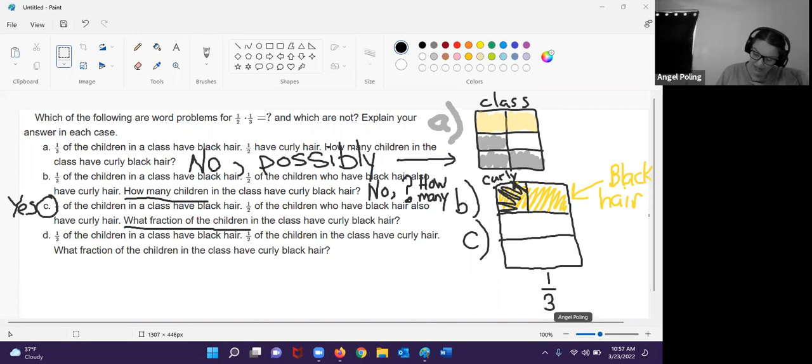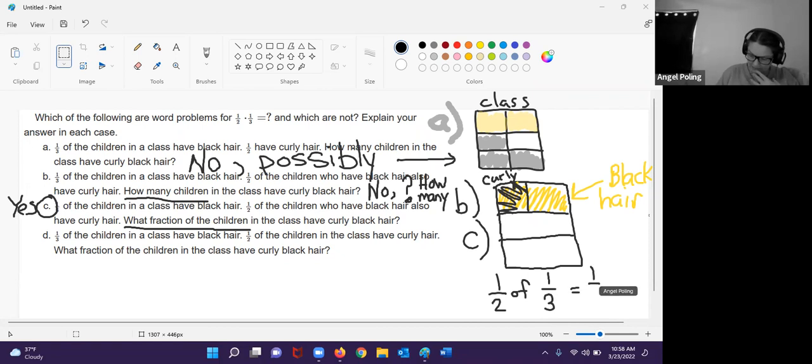And then we took 1/2 of 1/3, right? So we have shaded, double shaded here, 1/2 of our yellow block, which is 1/3 of the class. So this is a yes.